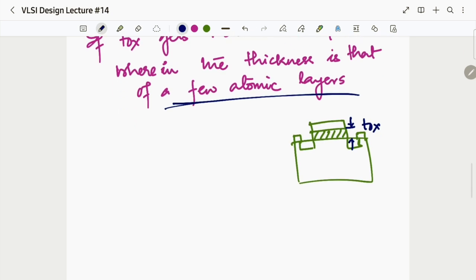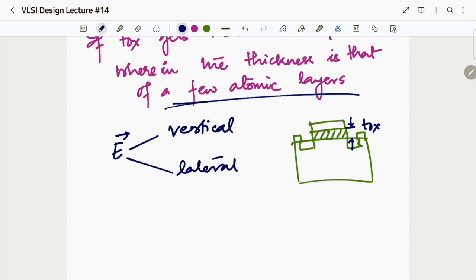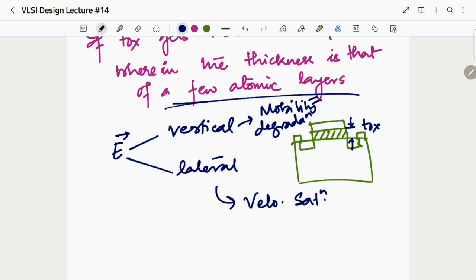You remember last class when we were discussing all the leakage currents, and we talked about the vertical component of electric field and the lateral or horizontal component of electric field, and because of that we had velocity saturation and mobility degradation, isn't it? We had mobility degradation because of the vertical component.